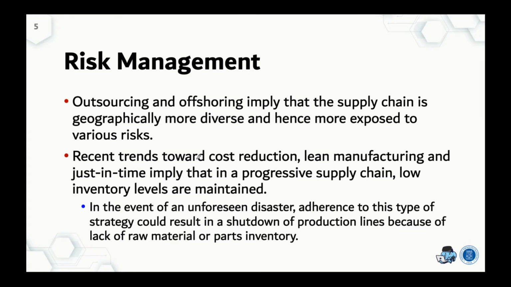In the event of catastrophes, for example a disaster, adherence to this type of strategy could result in a shutdown of the production line because we don't have the raw material or parts from the supplier. For example, if we source from a supplier in another country and there is a major earthquake there, we will have difficulty getting the raw material or parts.